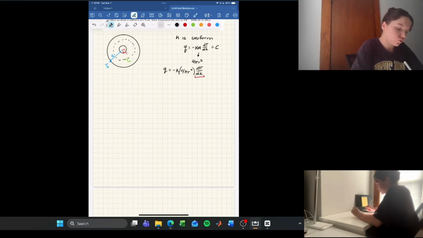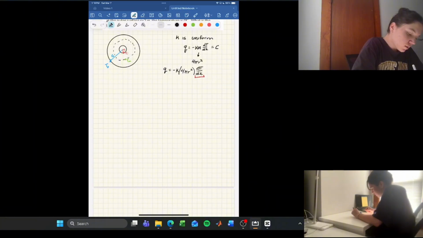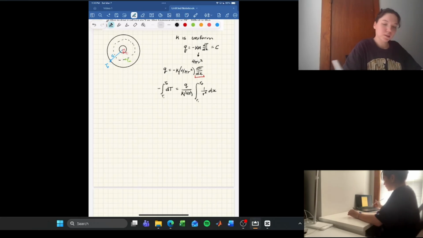Okay, so now we can rewrite this part as negative the integral of dT from temperature at 1 and the temperature of the outer is equal to the heat flux over thermal conductivity times 4 pi, because this whole section is going to be constant, and then we're going to take the integral of 1 over r squared of the change in position, and this is from the radius 1 to the outer radius.